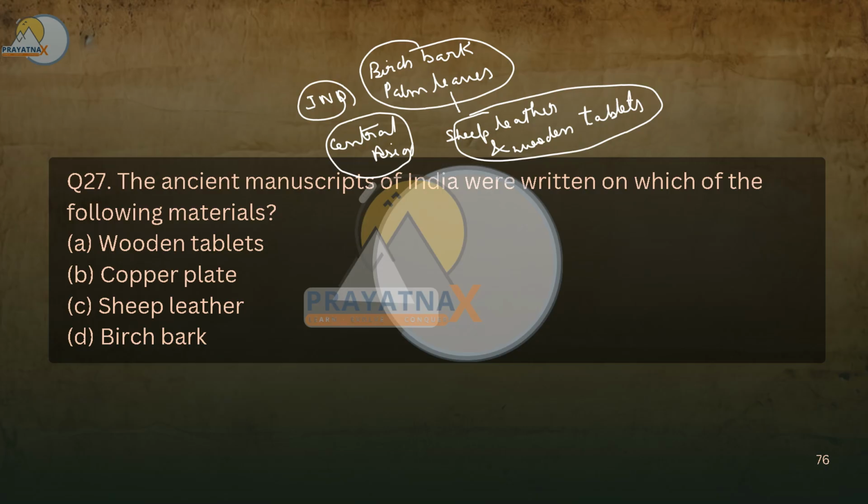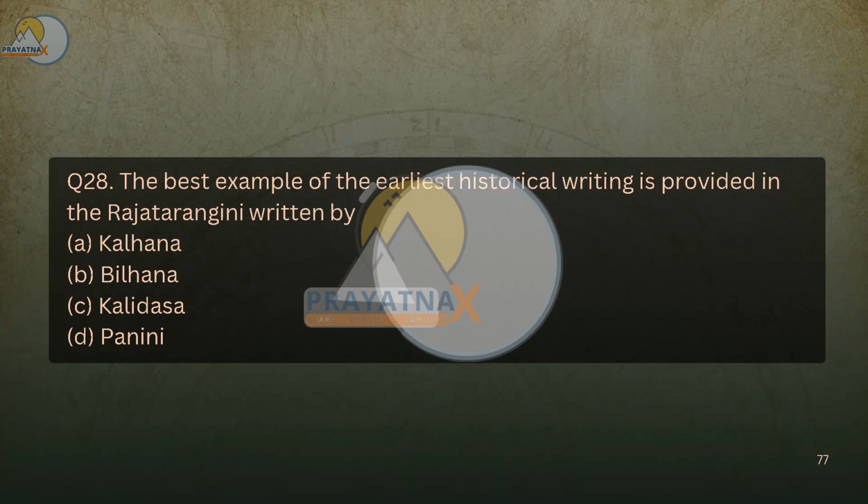So the correct option for this question number 76 would be D. The ancient manuscripts of India were written on birch bark and palm leaves. This is one of the reasons why we were unable to preserve most of the manuscripts, which had decayed. Moving on to the next question.